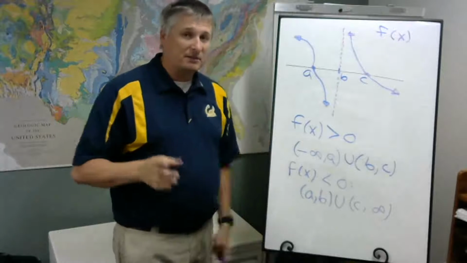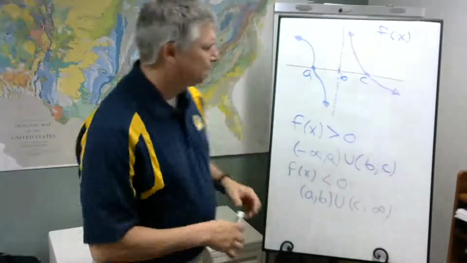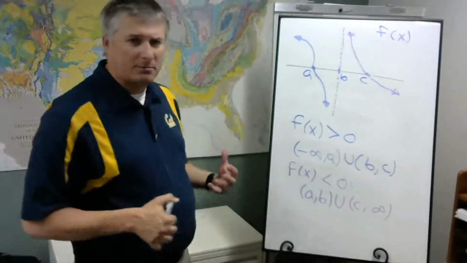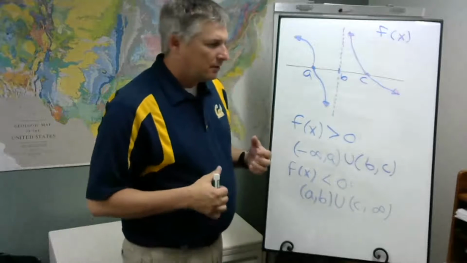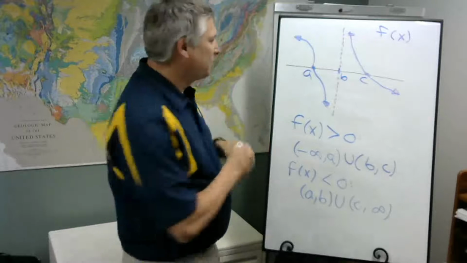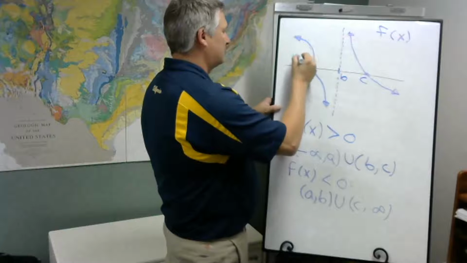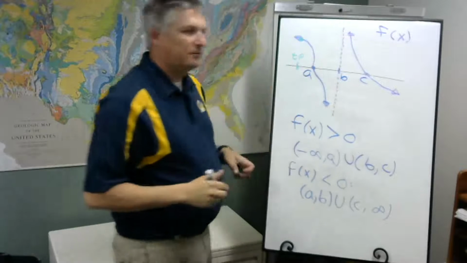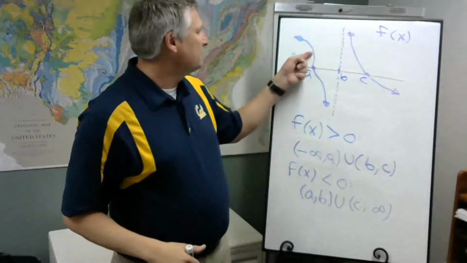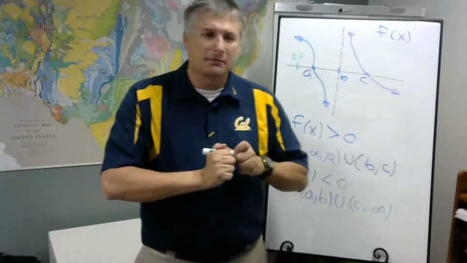Now, oftentimes, we won't have a graph to work with. So what we need to do is come up with test points. It's the same idea as with polynomials: if the test point is positive, then all the values of f of x in that interval are also going to be positive. Now, why is that?